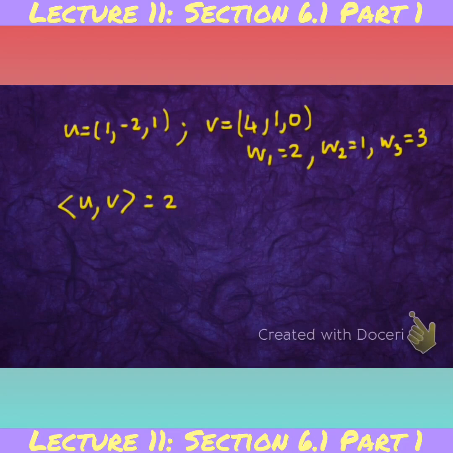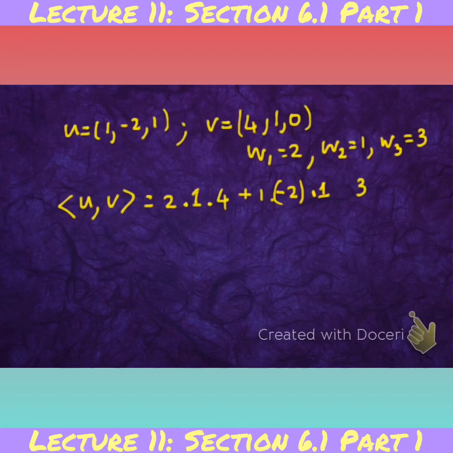Okay, and then you're going to take the product of 1 with 4. Okay, and then you're going to introduce the weight 2. So that's going to be 1 times the second component. Okay, and then you're going to introduce the third one.